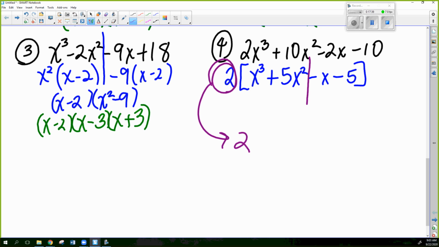All right, what is the GCF in the first half of the 4 terms? X squared. Very good. What's left over? X plus 5. Awesome. All right, here's a tricky one. What do I have to take out of the other 2 so that everything turns positive? A negative, and the only number they have in common is 1.